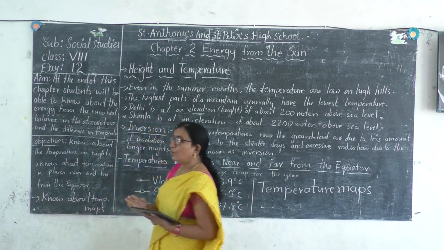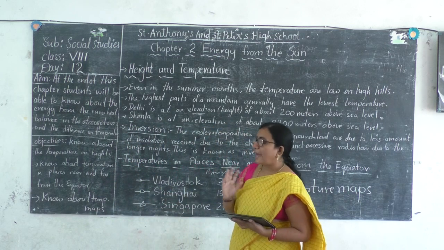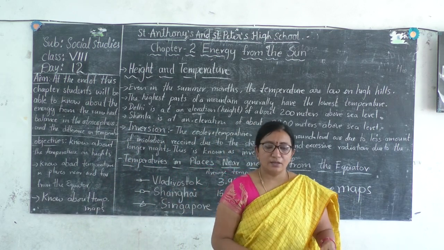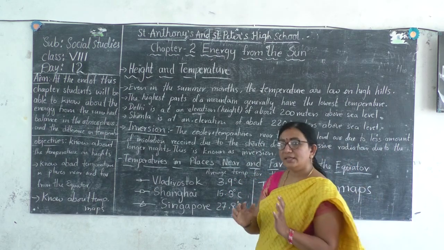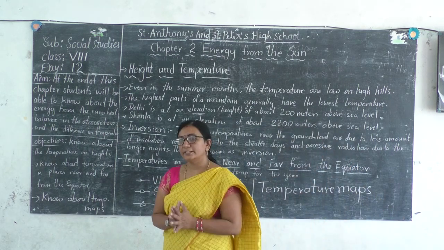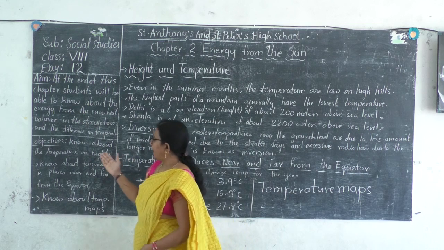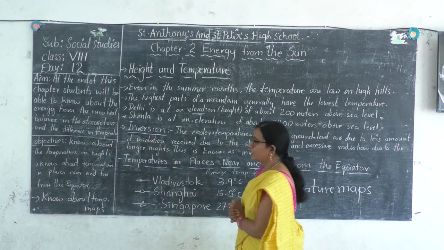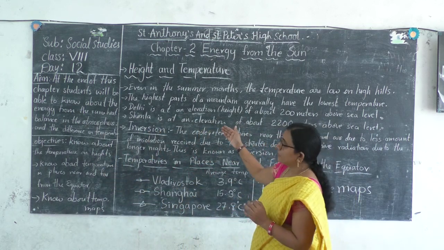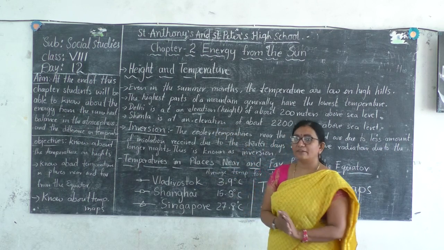Heat balance, how the atmosphere balances the heat and makes the atmosphere suitable for the living of human beings. And the difference in temperature of different places we have observed.